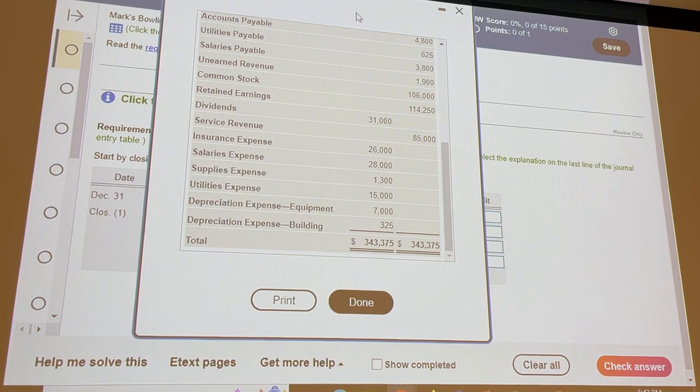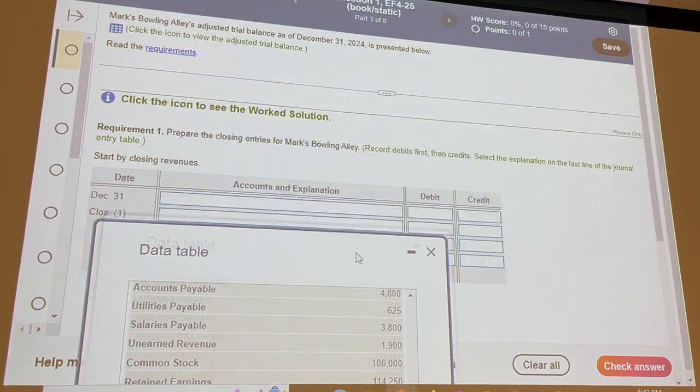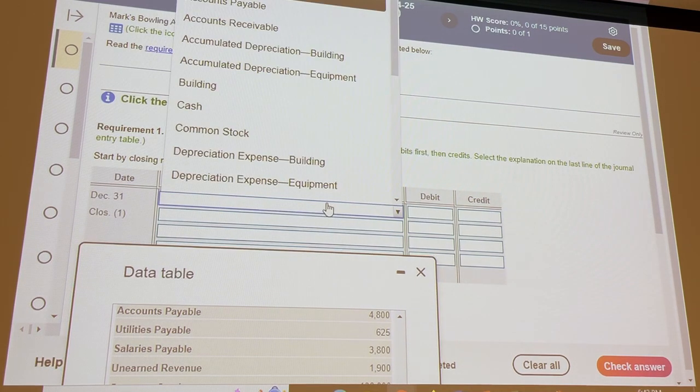It says start by closing out revenues. So we see on the adjusted trial balance that there's only one revenue account listed, service revenue. It has a credit balance of 85,000. So that means to zero it out, we're going to have to debit it for 85,000.